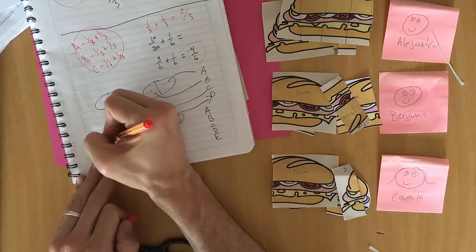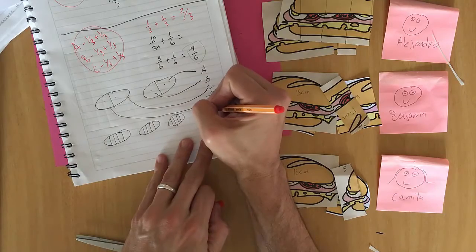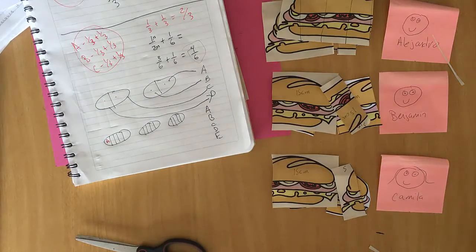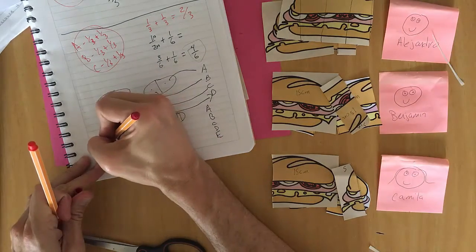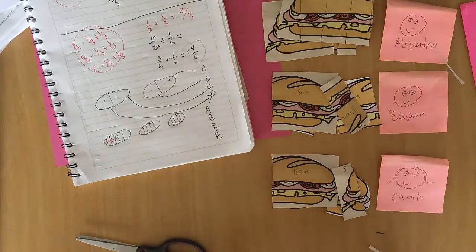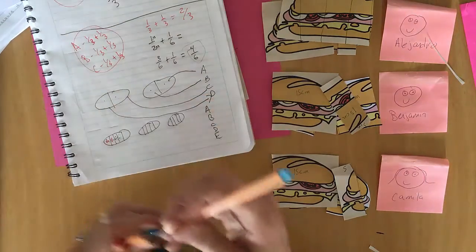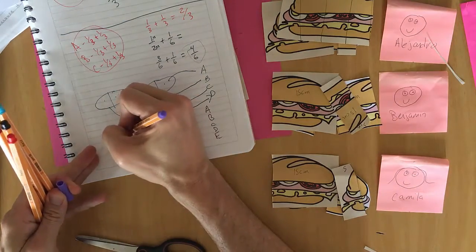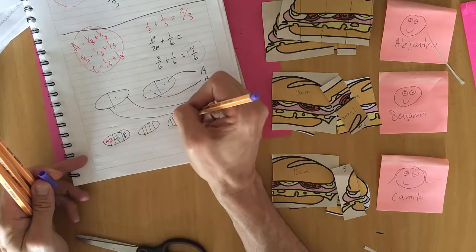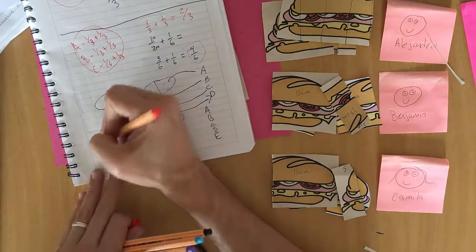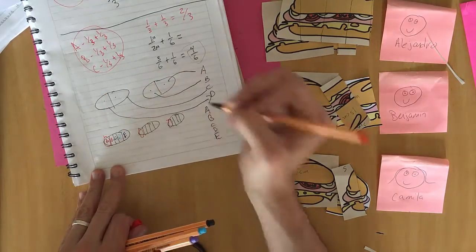And let's make this colorful here. A, B, C, D, E, and that's just going to repeat itself. A, B, C, D, E, A, B, C, D, E. So that means A gets 1, 2, 3/5.